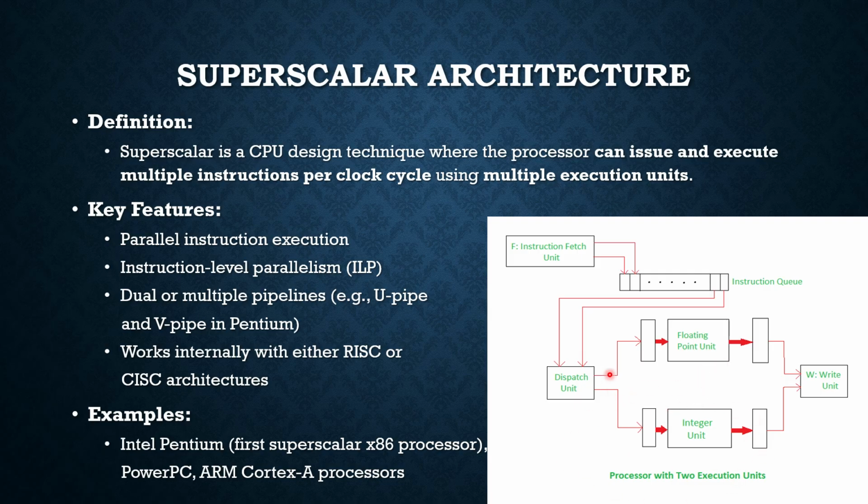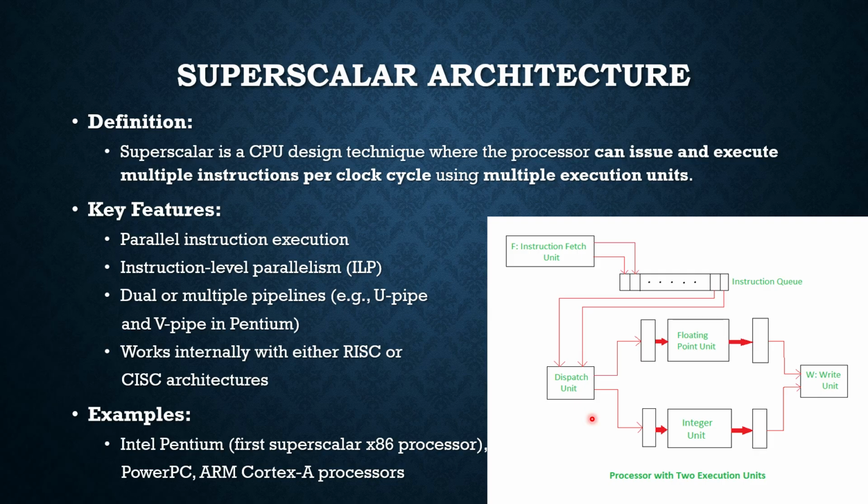Through these multiple execution units, multiple instructions are executed. The instructions are fetched and placed in the instruction queue. Later, once decoded, they are dispatched using the dispatch unit. So this is a processor with two execution units. There can be more than two execution units in superscalar architecture. So this is one such CPU design.